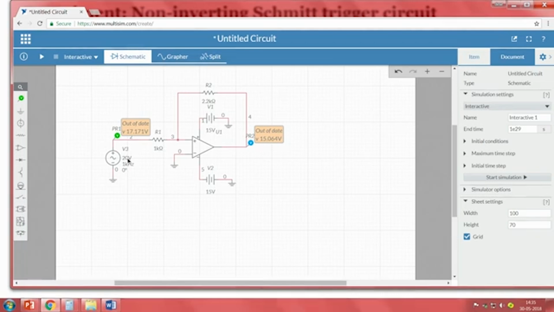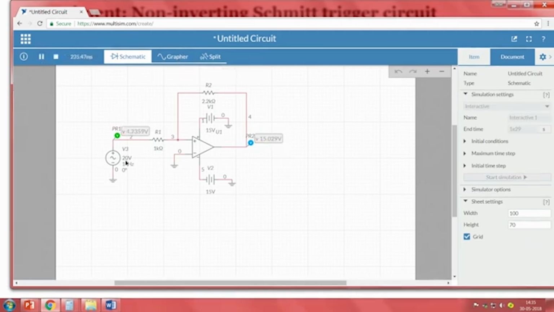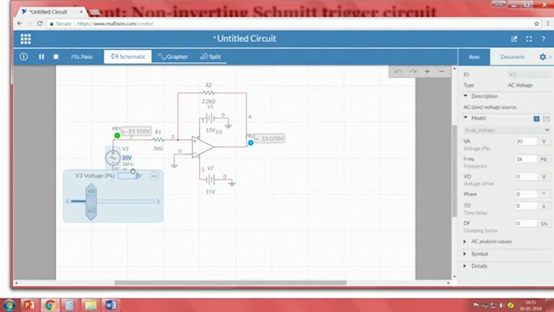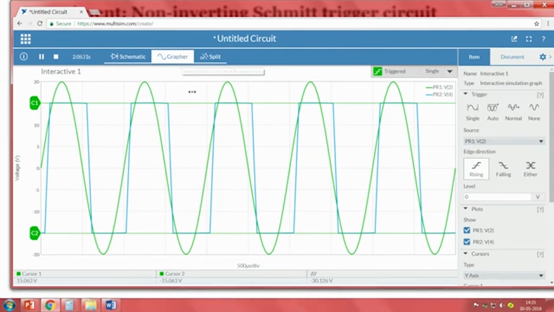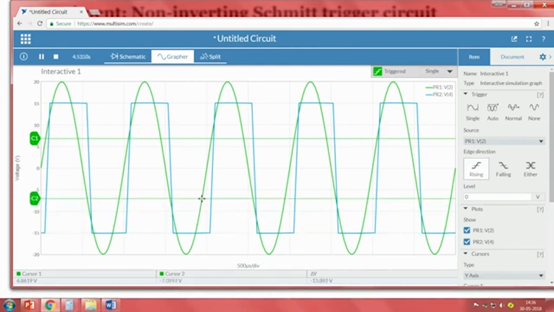Now, in this case, if I run the system and change, we do not need this value, I will go with 10 volts peak value, peak to peak is 20 volts. Going back to the grapher, yes, here we can see C1 should be 6.8 something. So, I will take 6.8, slowly decreasing it to 6.86, and C2 is minus 6.8.